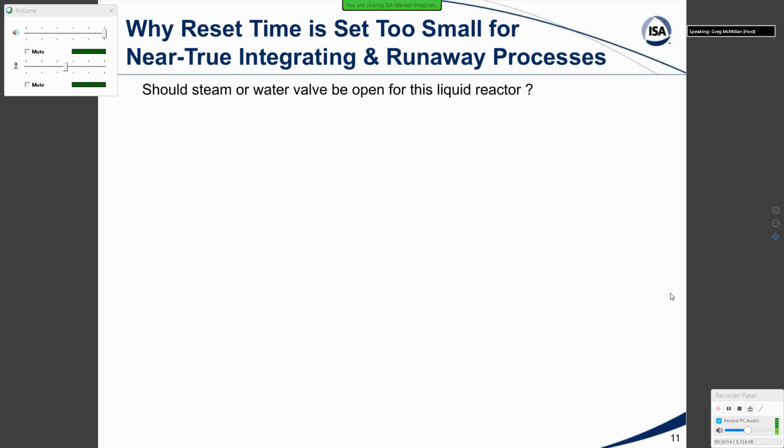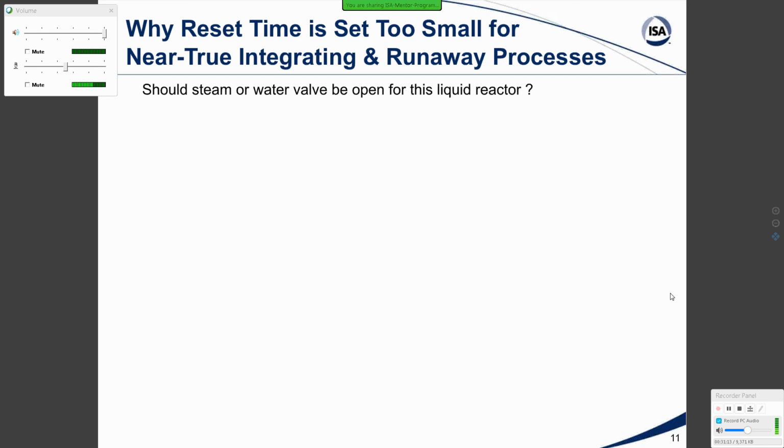And furthermore, this is a general situation where it's not going to hurt you. It's not going to make something unstable. If you really didn't need to do that, it may slow down the response to some continuing disturbance.